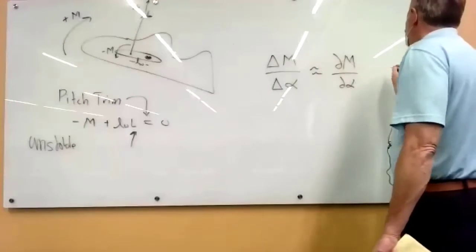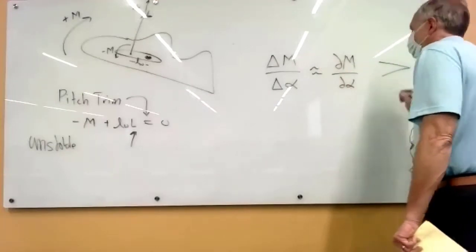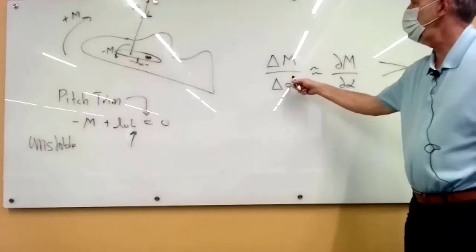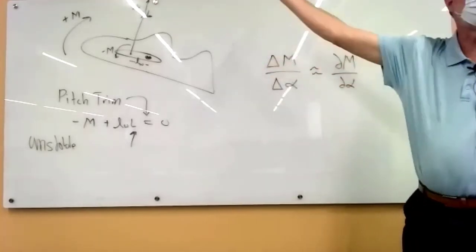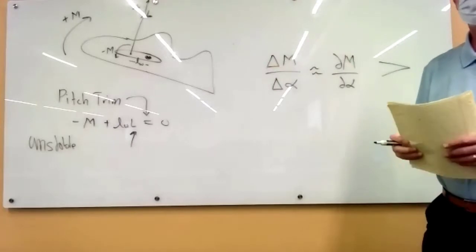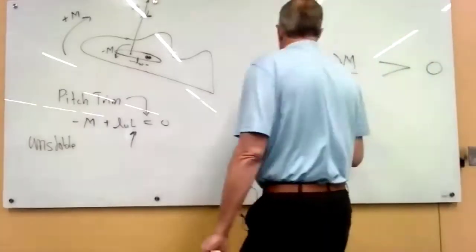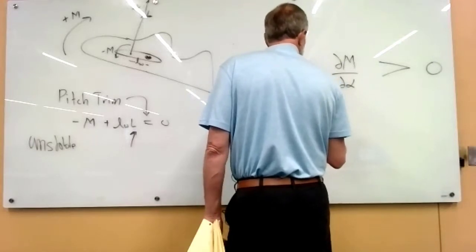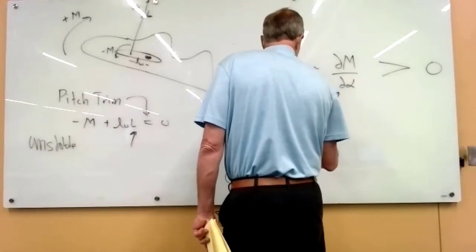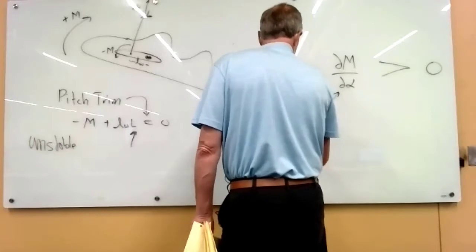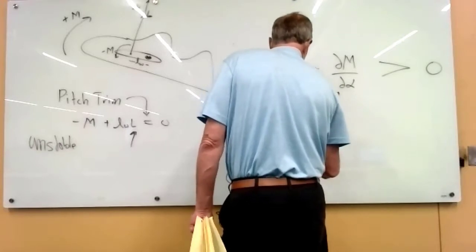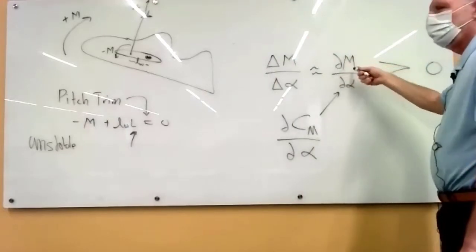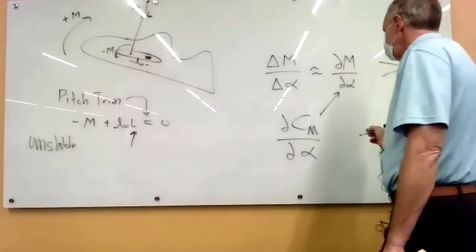And for this airplane, that's greater than 0 because a positive increase in angle of attack generated a positive moment. Sometimes this is written in terms of its coefficient. So we say the derivative of the coefficient with respect to alpha, because we can divide the pitching moment by q S c, and it's still going to be greater than 0.